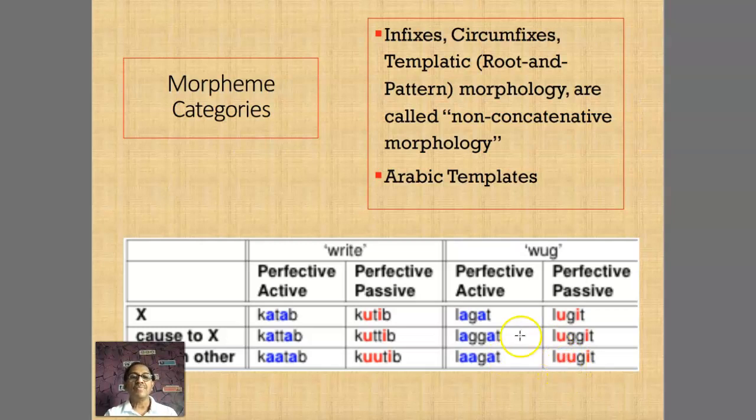So what we see is it's a productive derivation. So u, e, u, e. Take any word, it will have a perfective active form and a perfective passive form with u, e.